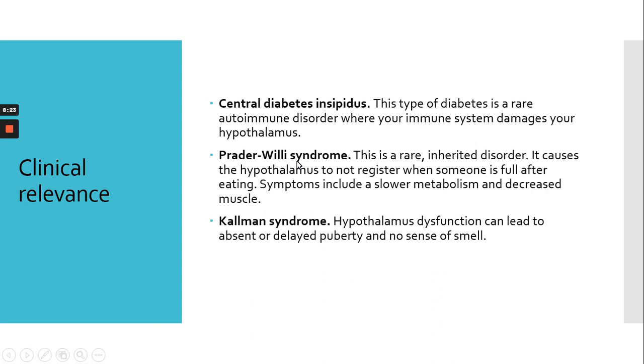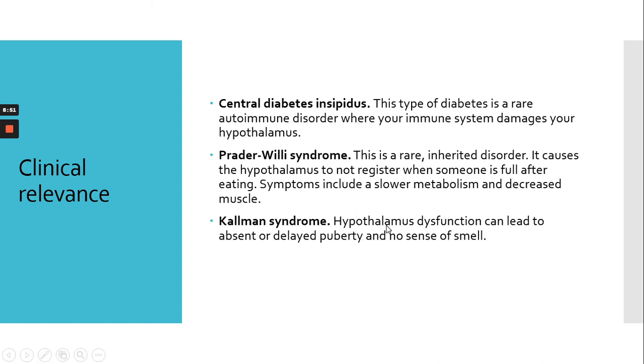Next is the Prader-Willi syndrome, which is a rare inherited disorder. It causes the hypothalamus to not register when someone is done eating. So it results in the person wanting more and more food, increasing the urge to eat more, and this increases the risk of obesity, and which also results in slower metabolism and decreased muscle mass.